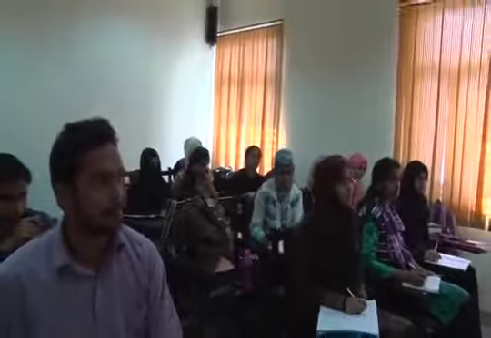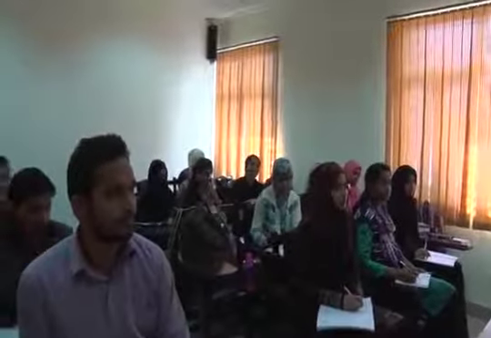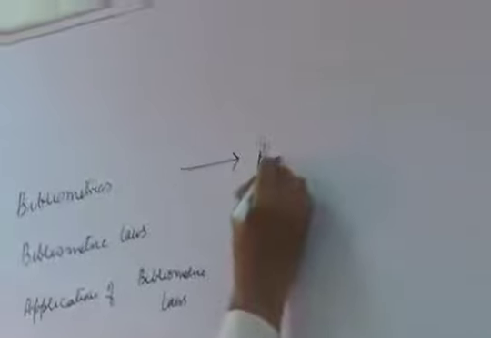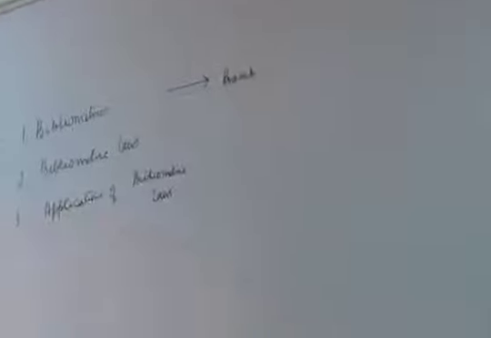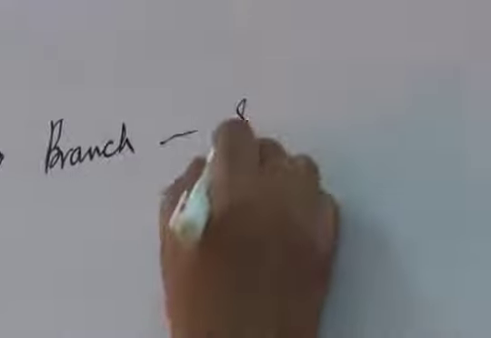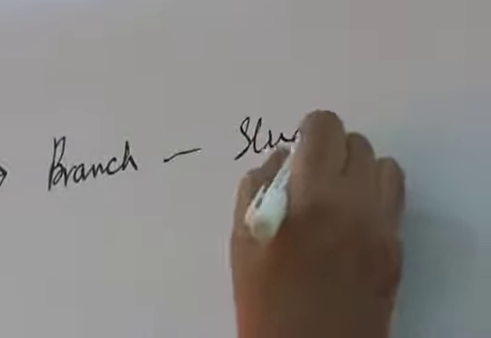Do you understand? So when we talk of bibliometrics, we will say that bibliometrics is that branch of knowledge, not the branch of library science. Bibliometrics is that branch of knowledge that studies what?